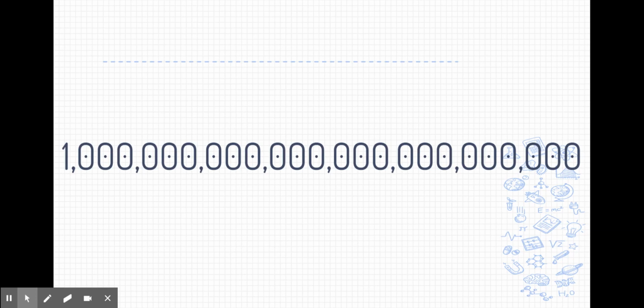Well, this is approximately, or at least in the range, of the number of atoms and molecules that are involved in small-scale chemical reactions that we would do in a high school chemistry laboratory. This many. So every time you're carrying out a reaction, even if it's just in a very small beaker, you're reacting about this number of atoms and molecules.